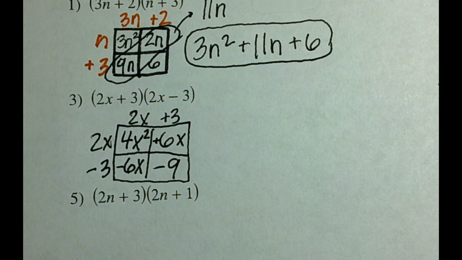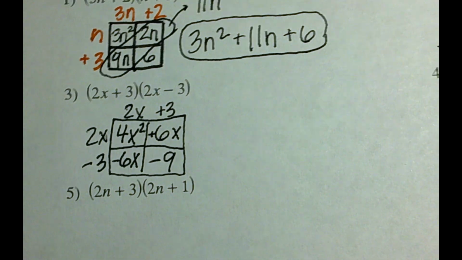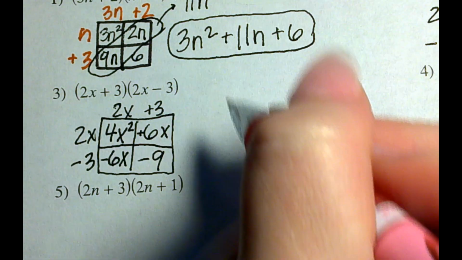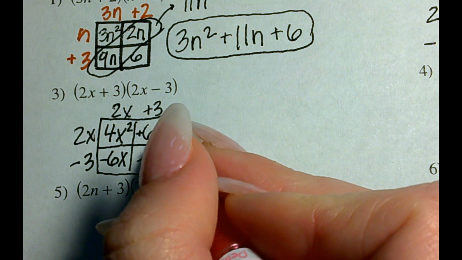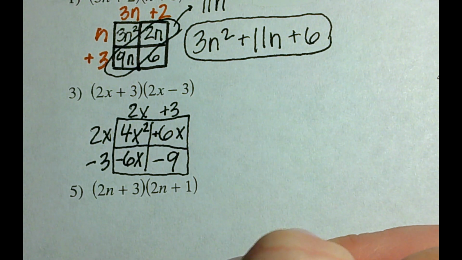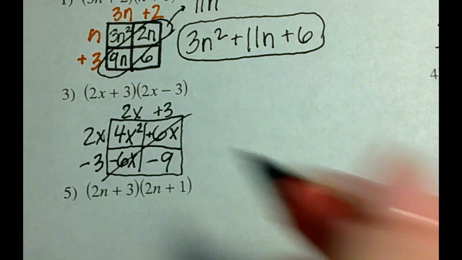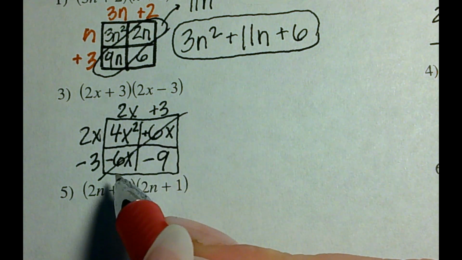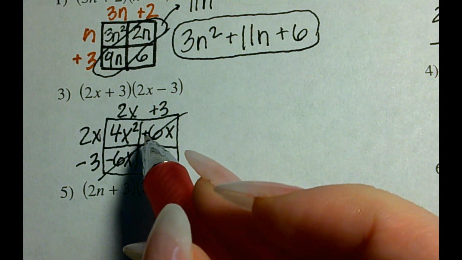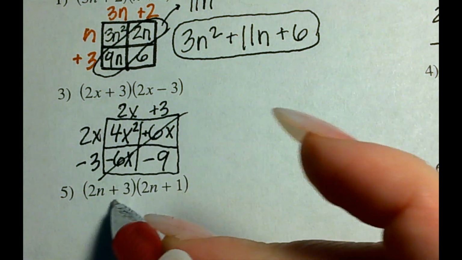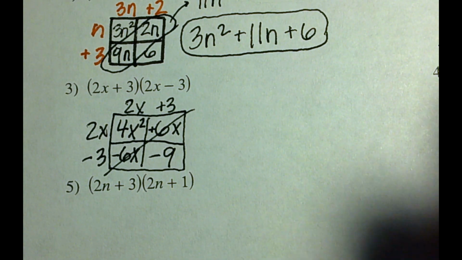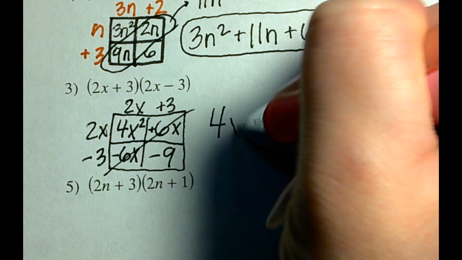Okay, so we have all of our spaces filled up in our box. Do we have like terms? Yes. What are they? 6x and -6x. What happens? You cross them. They cancel. Same number, different sign. That means they cancel. Plus 6x minus 6x, they're gone. So what's my answer? 4x squared take away 9.